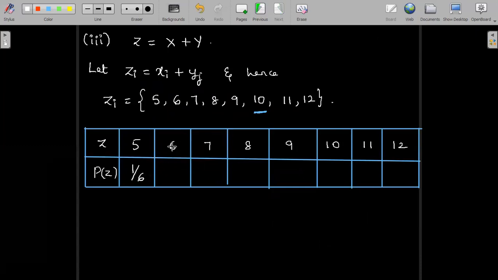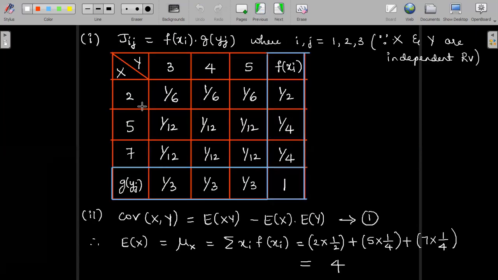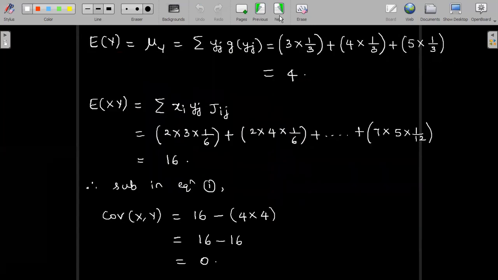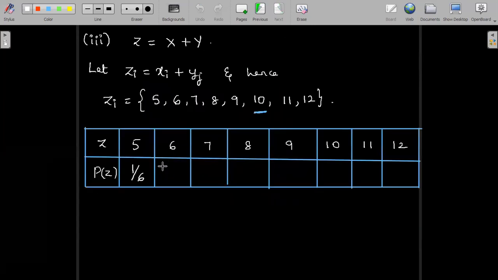Similarly, for 6, we are getting the sum as 6 with the value x is equal to 2 and y equal to 4. 4 plus 2 gives us 6. Its respective probability is 1 by 6. So like that we can write down. Till 9 I will write down in the same manner. 8 means it is x is equal to 5 and y equal to 3.